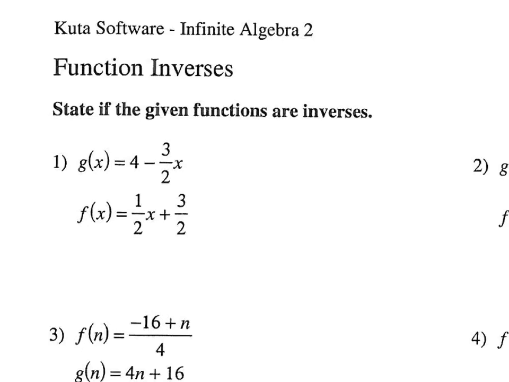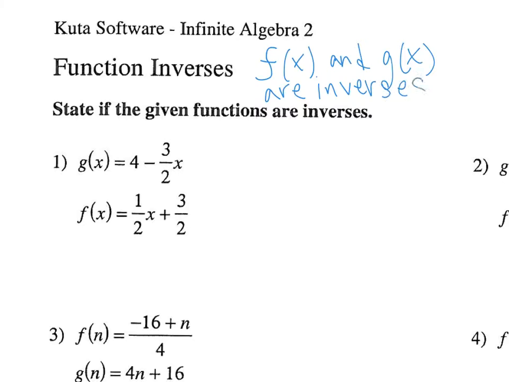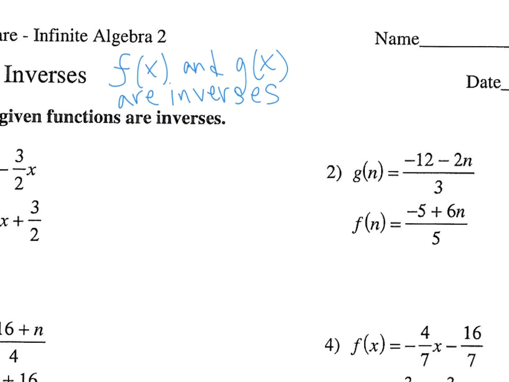So if we're thinking about the function inverse formula, if you want to follow it, if I am able to take f of x and g of x and let them be inverses, if and only if what I can do with those functions is compose them one direction, so find f of g of x, and it's the same thing as g of f of x, and that both of those come out to just be x.